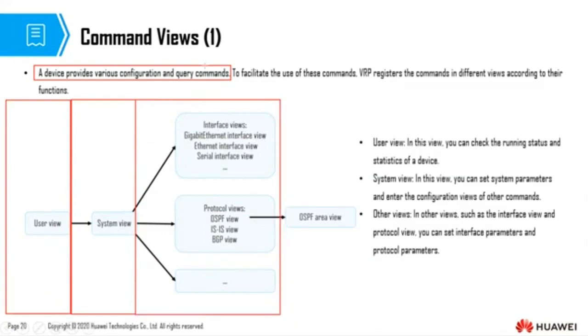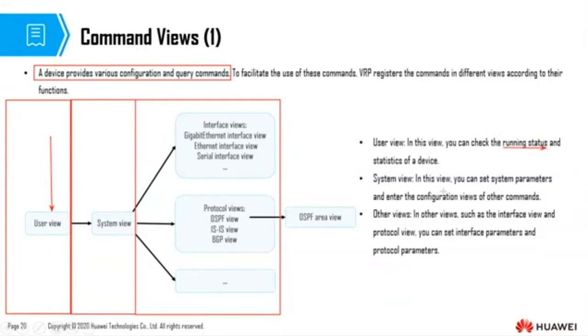By level, it means that when you log in to a device, you start from the user view. So that is what you see, the user view. On the user view, you can only do a few things, like check the running status of the device using the display commands.